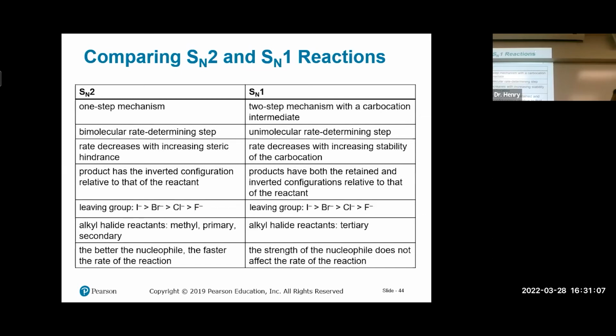Okay, so for comparing SN1 to SN2, SN2 is going to be a one-step mechanism. SN1 is going to be a two-step mechanism. The first step is going to give us that carbocation intermediate. That's going to be the slow step, and then the fast steps are going to follow.